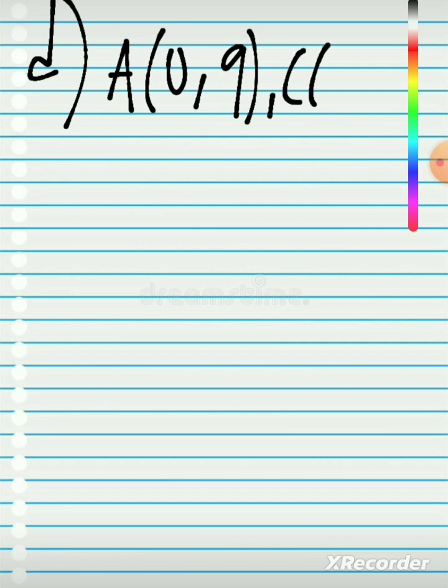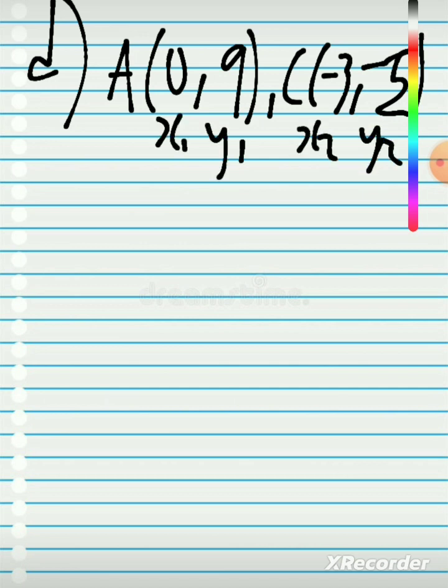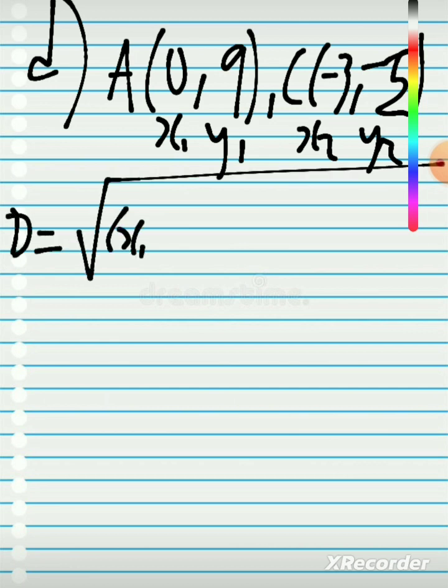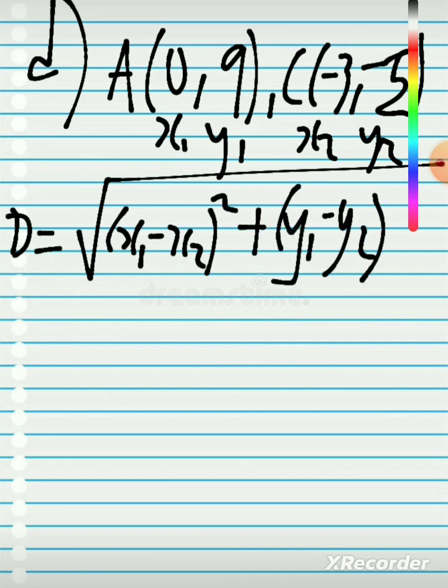Going to question D, we have AC. So A is 0, 9 and C is negative 3, negative 5. Okay, so this is our x1, y1, x2, y2. So distance, as we know, is square root of x1 minus x2 squared plus y1 minus y2 squared.